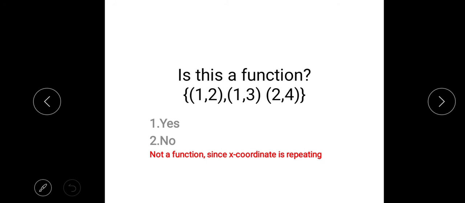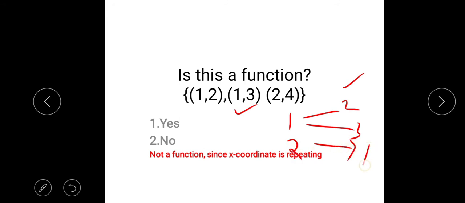Now consider one more example. Is this a function? The set {(1, 2), (1, 3), (2, 4)}. The first coordinate says 1 is the input whose output is 2, and from the second point 1 is the input whose output is 3. So the same number 1 has two outputs, 2 and 3, and from the third coordinate, 2 is the input value whose output is 4.